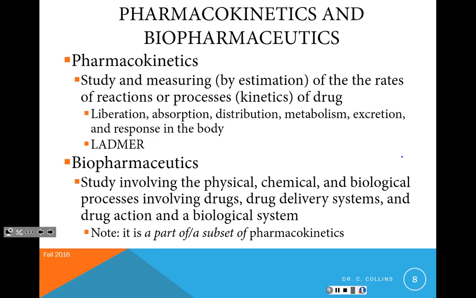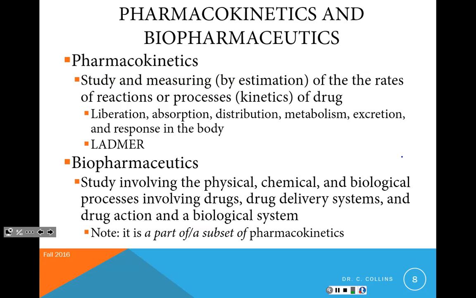So looking at these processes and reactions is kinetics, so it's timed. And it's those things that we've seen before: LADMER, liberation, absorption, distribution, metabolism, excretion. Combined, they make up elimination, and response. That's pharmacokinetics.